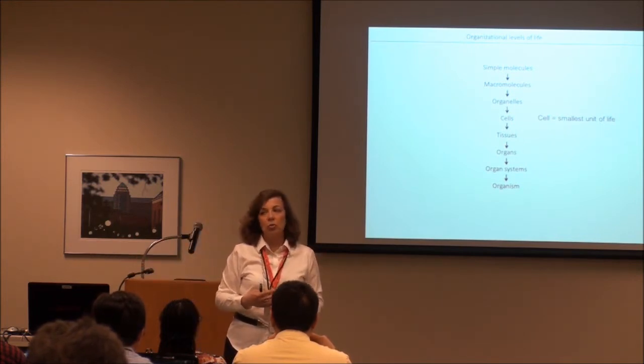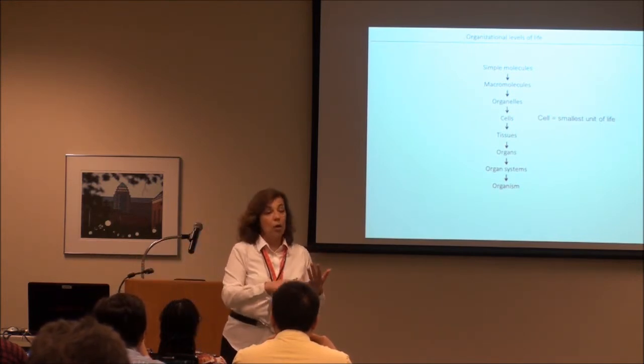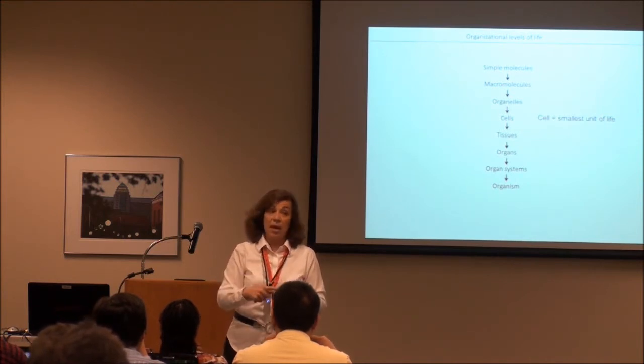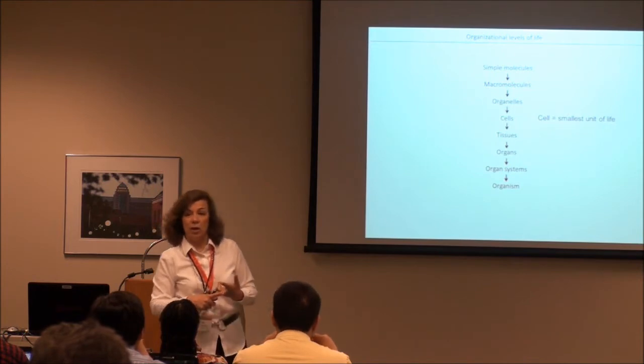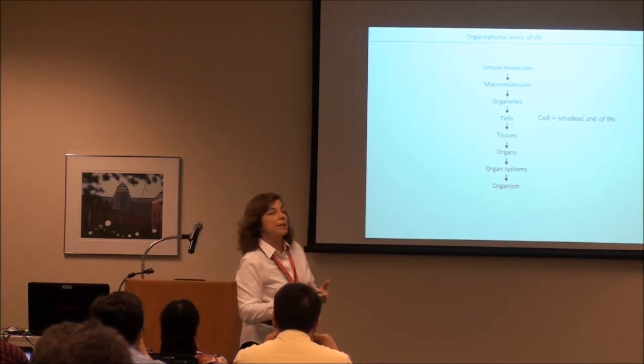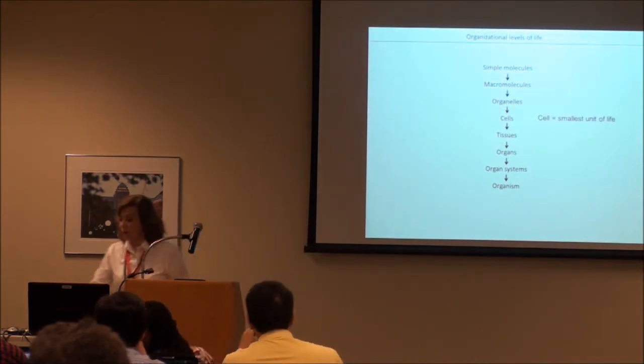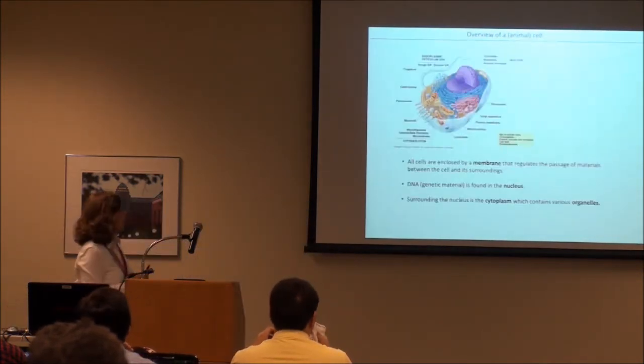And then they start ignoring very important things, like communication between the cells, signaling, ECM, that's extracellular matrix, extracellular environment, and so on. So keep that in mind if you are ever studying cells.